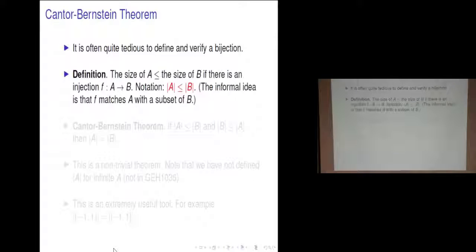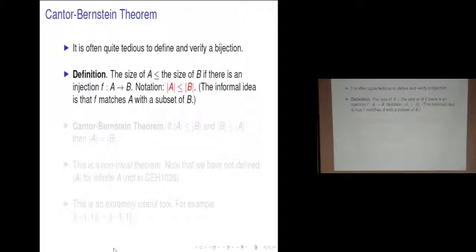Before I show the theorem, I have to introduce a definition. The notation is: the size of A is less than or equal to the size of B if there is an injection f from A to B. You see here, I do not need to match every element in B. As long as I can send elements in A into B in an injective way, I'm happy.